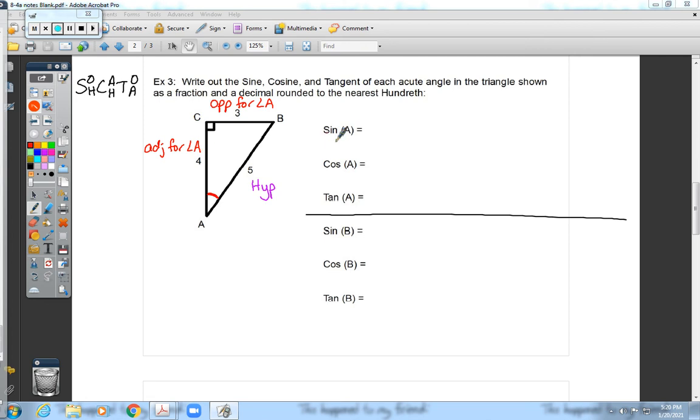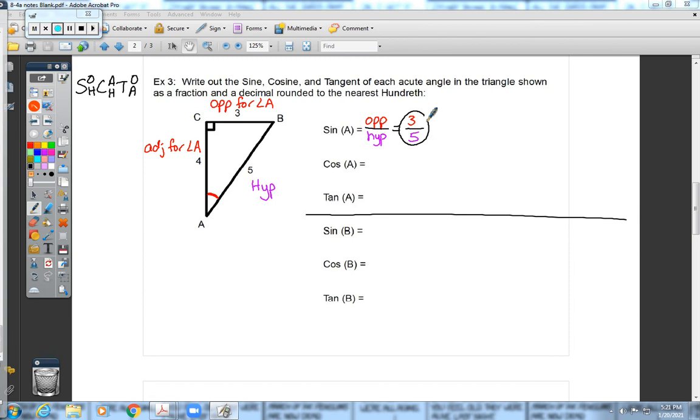So sine of A, sine is opposite over hypotenuse. So we're going to use the red opposite, and we're going to put that over the hypotenuse, which is the same no matter what angle we're looking at. So we'll leave that in purple. That would be 3 for the opposite and 5 for the hypotenuse. 3 over 5 is the fraction that we're asked to provide here.